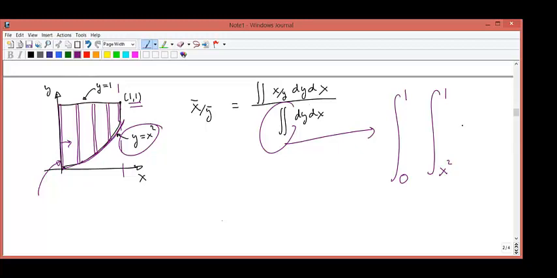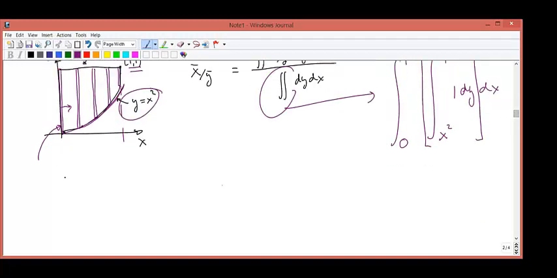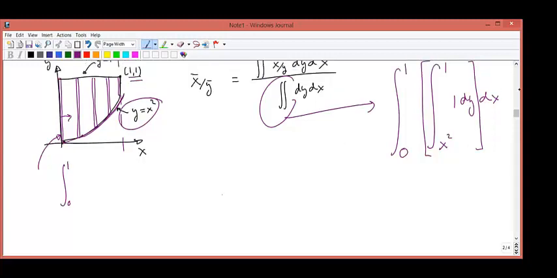So let's go with the denominator. Let's focus on the inner integration. As before, this is trivial. This will give us the integral from 0 to 1 of y evaluated between x² and 1, dx. As we evaluate the inner one, we have the integral from 0 to 1 of (1 minus x²) dx.